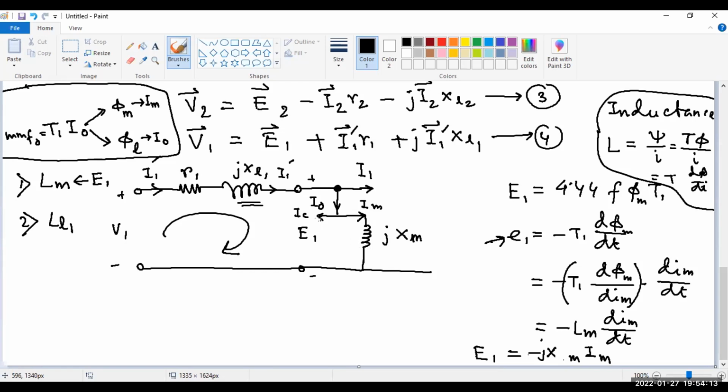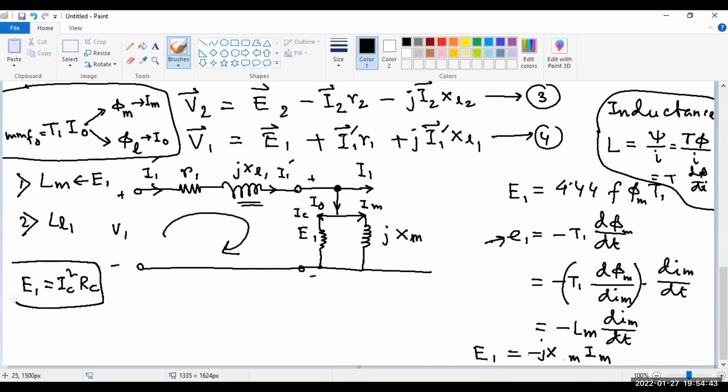Okay, and this core loss, if I discuss the core loss in detail, then you'll find that your core loss also depends on the voltage, not the current. So for this core loss, I will take a responsible element. You can represent it like this: E1 equals some IC square into RC.